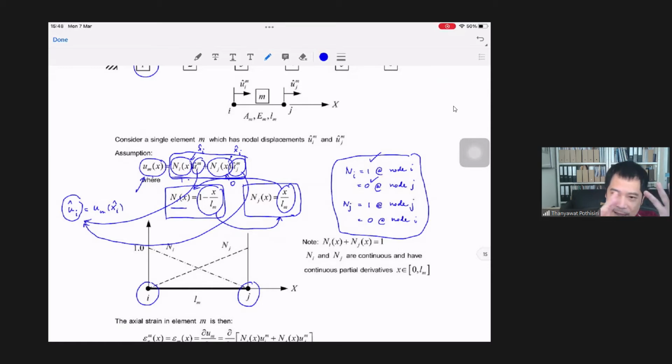By having this scheme, what would happen then? If you look at node I, there's no nodal displacement from node j, no contribution whatsoever. Only the nodal displacement from node I contributes to the displacement at that node, with no contribution from all the other nodes.